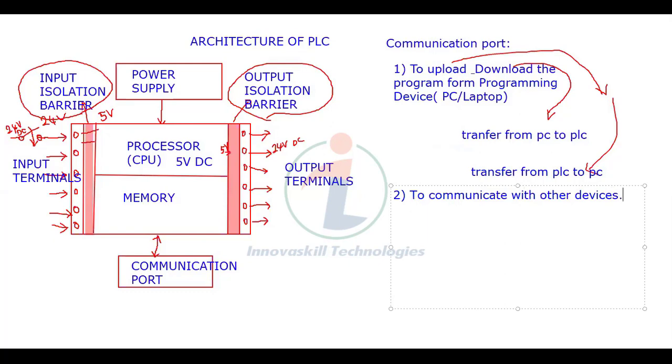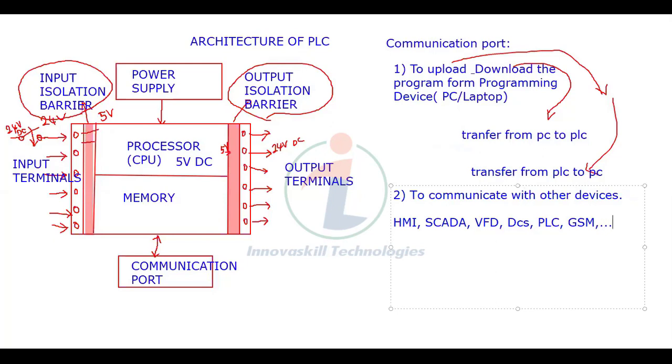For example, if you want to communicate the PLC with HMI, third party SCADA, next, VFD, DCS, or other PLCs also, we can use it. Next, GSM: if you want to communicate with the GSM modem also, we will be using this communication port only.